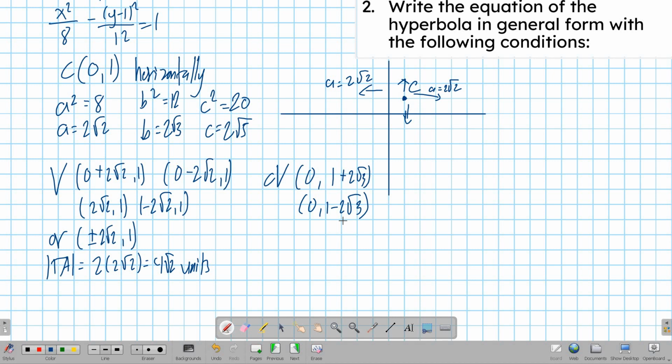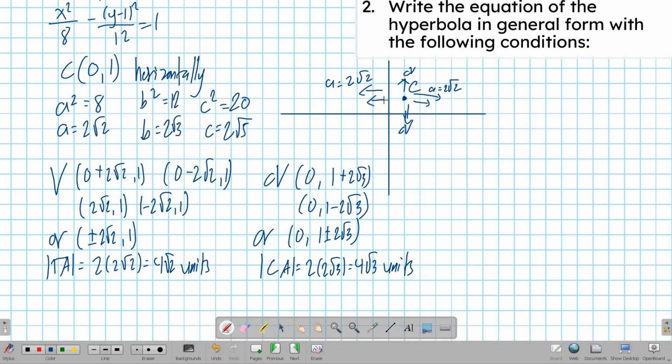And since that's the simplest form, those are our co-vertices, 0, 1 plus 2 square root of 3, and 0, 1 minus 2 square root of 3. Or, we can write it as 0, 1 positive negative 2 square root of 3. Further, the length of the conjugate axis is twice the length of b, and that will be 4 square root of 3 units.